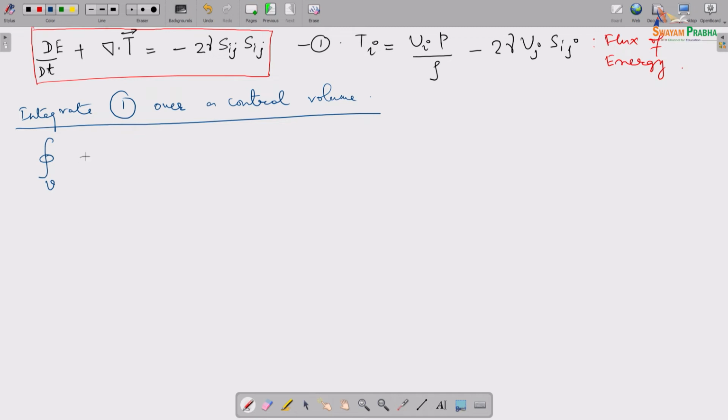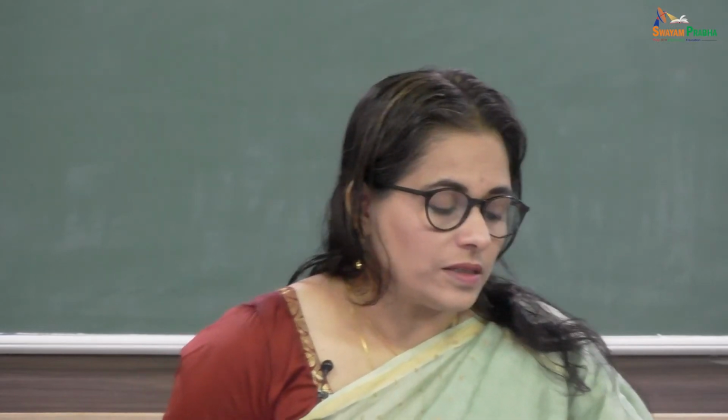So dE/dt, right. So this is the total energy over an incremental volume. So I take the energy contents of the total volume and take a time derivative of that. So d/dt of this, right.